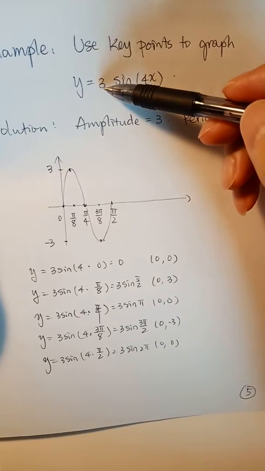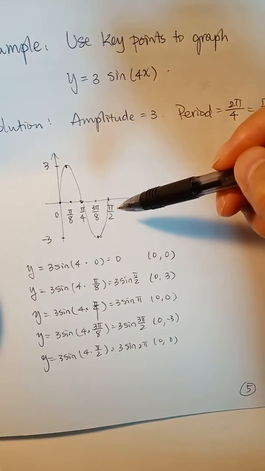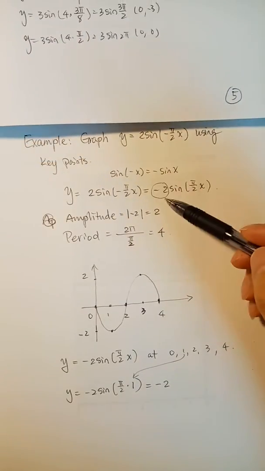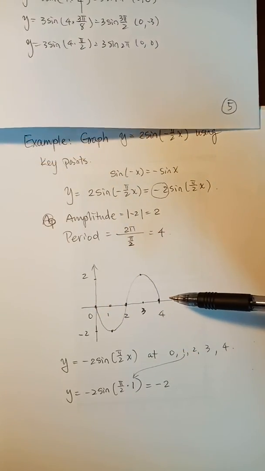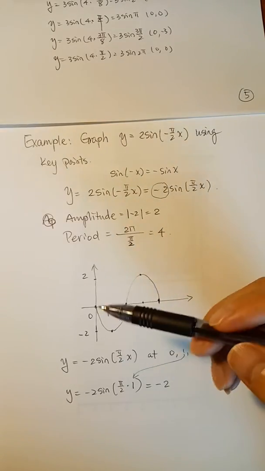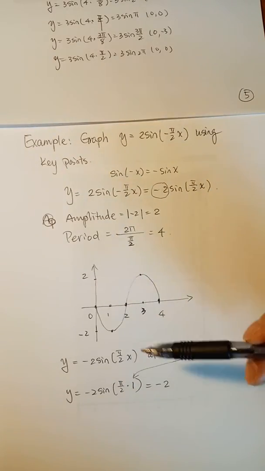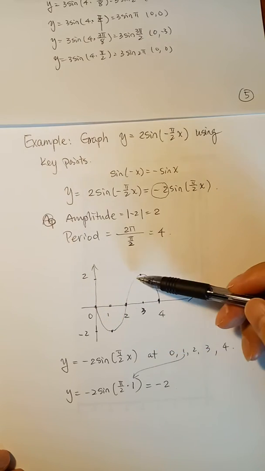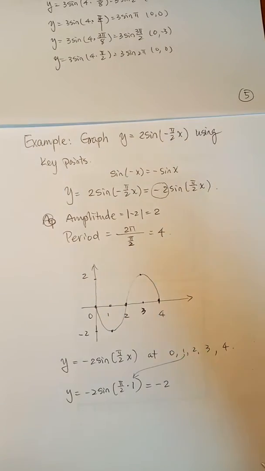So compare with the first example we had. When you have a positive coefficient, it's up and down. When you have a negative coefficient, it's down, up. That's the regular pattern. Okay? The positive coefficient is up and down. The negative coefficient is down and up.